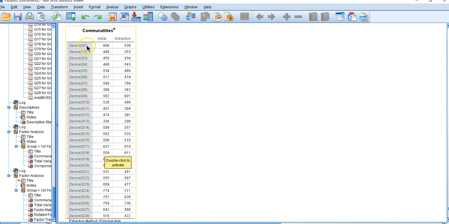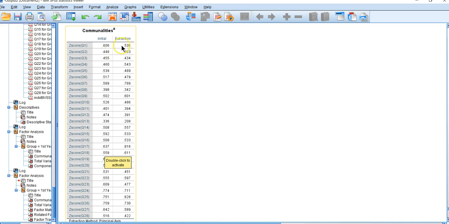But if we were to do a multiple regression with Q2 through Q28 being the independent variables, and Q1 is the y, so y equals Q2 through Q28, our r squared in this multiple regression would be 0.606. Then if we looked at question number 2 as a regression with 1, 3 through 28, the r squared would be 0.448. So communalities are the correlation between the variables and all the other variables in themselves.